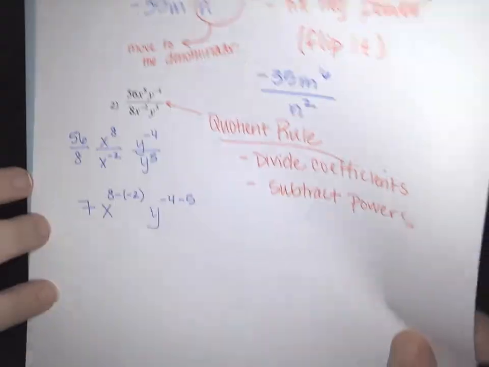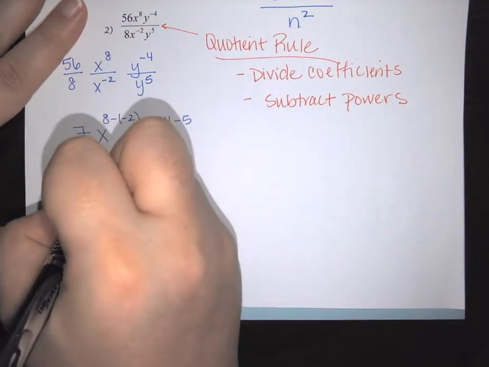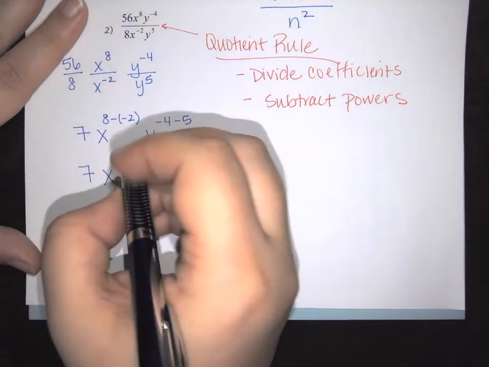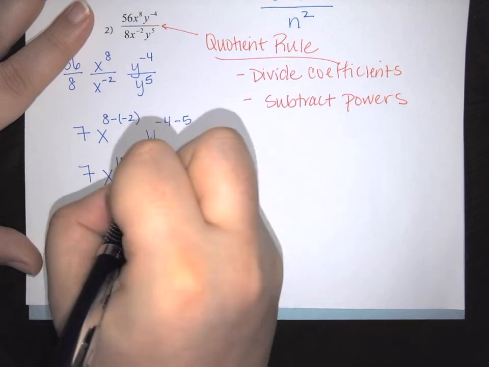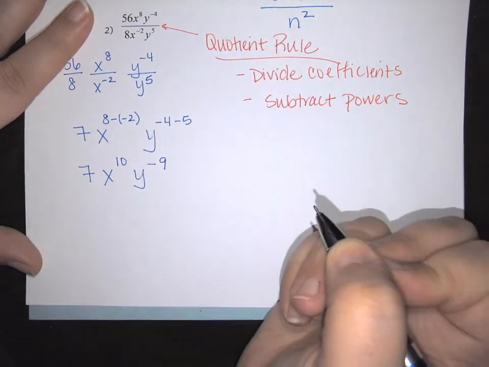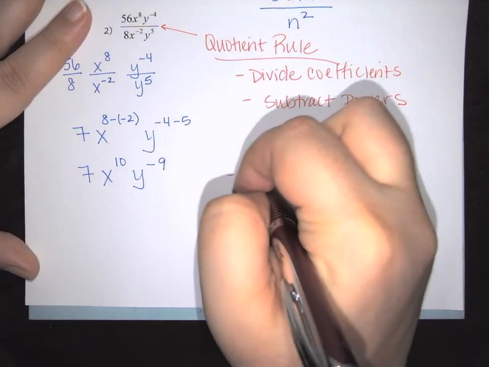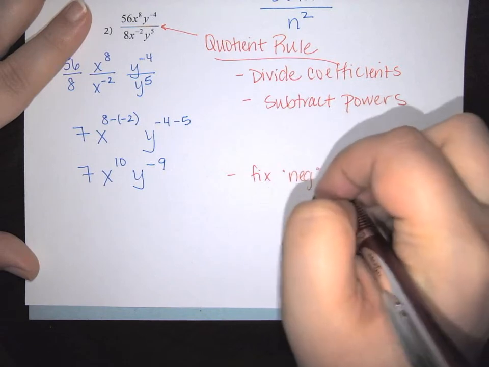So here I need to simplify down. So I have 7, and this is going to be x. Negative and negative is positive, so this becomes x to the 10th, and this is y to the negative 9. Now just like before, I now have to fix the negative power.